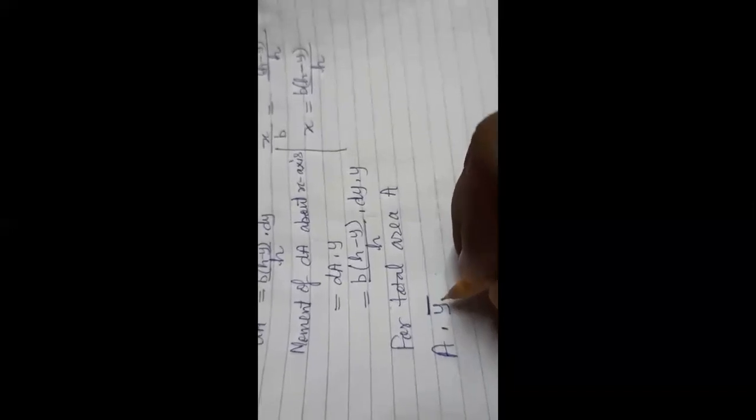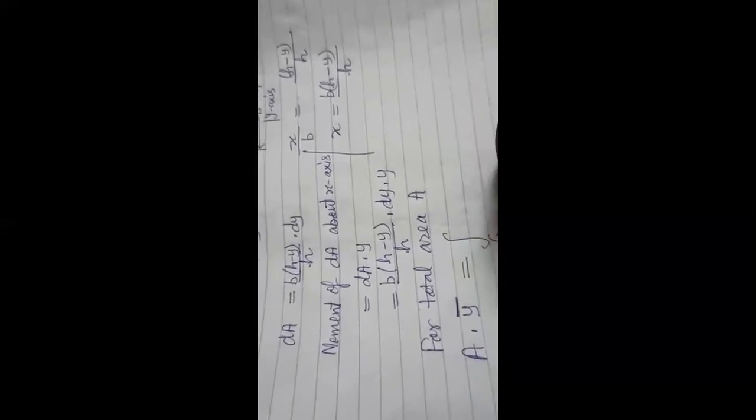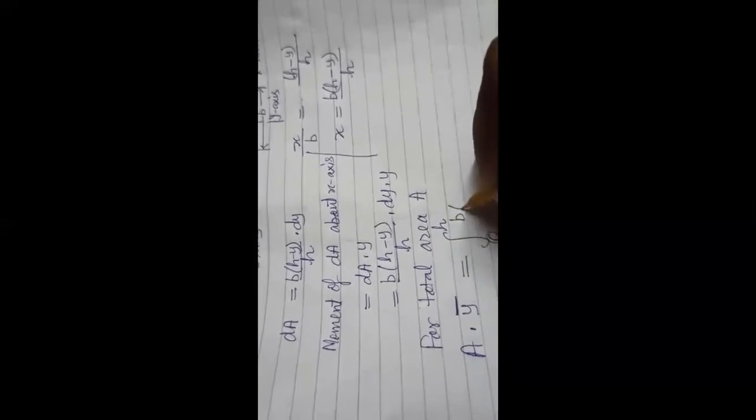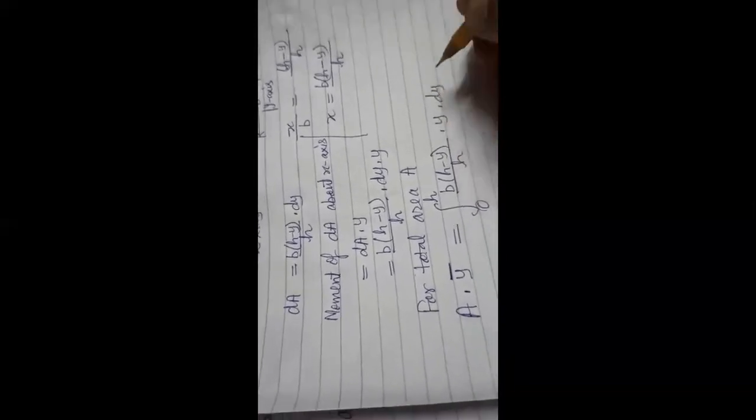So this is moment of area, total area into y bar is equal to the moment about x-axis. This will be equal to integration of this from 0 to h, b into h minus y over h into y into dy.